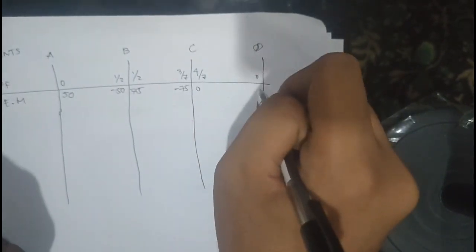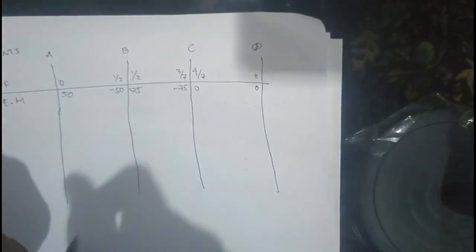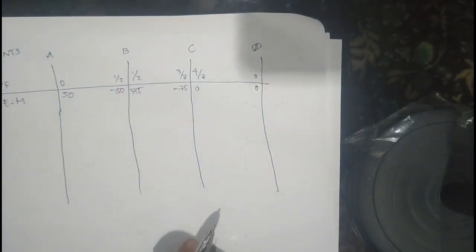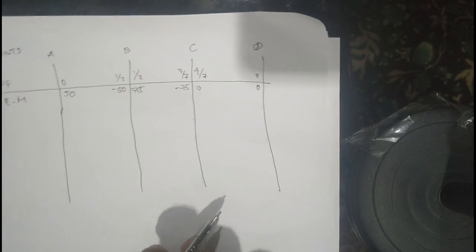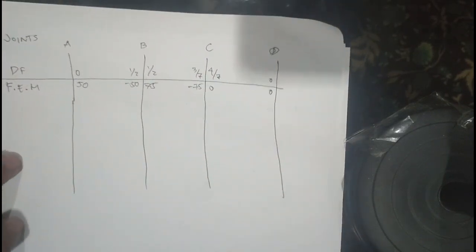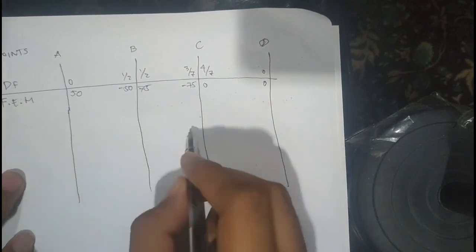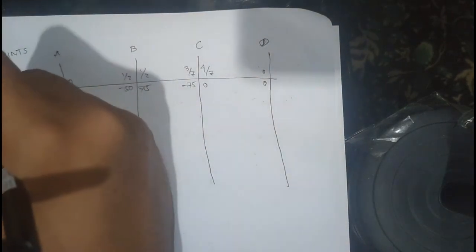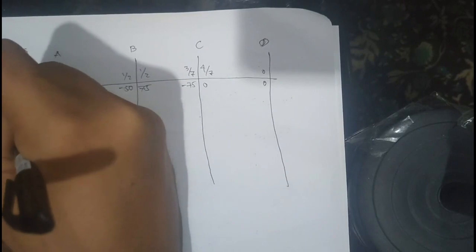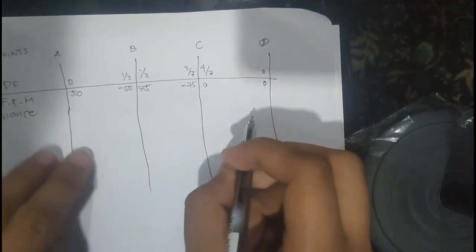So ang FEM CD 0, ang FEM DC is 0 also. What we're gonna do now is to balance. Let's balance.